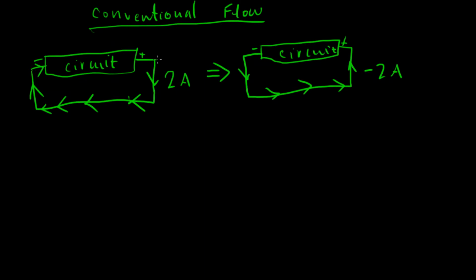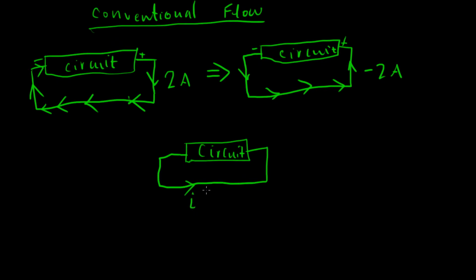Okay, so we generally don't know what the polarity of the terminals would be. Positive, negative, negative, positive. We generally don't know. So say if we had a circuit right here, and we didn't know anything about it. Okay, so we didn't know what the polarities were. If we were to solve for whatever is in the circuit, we can just assume a current direction.